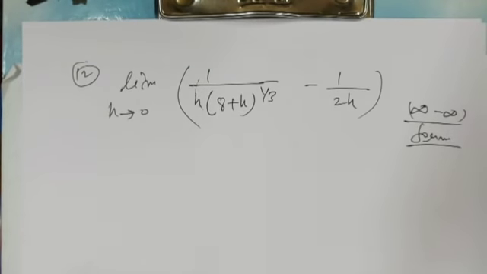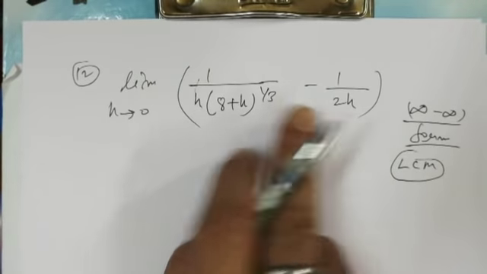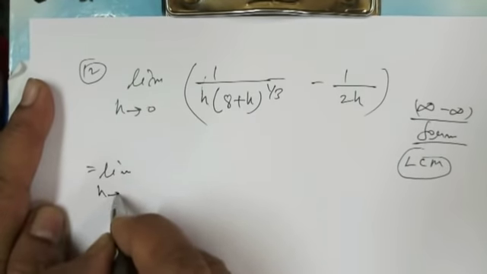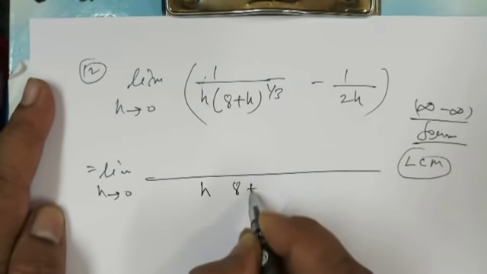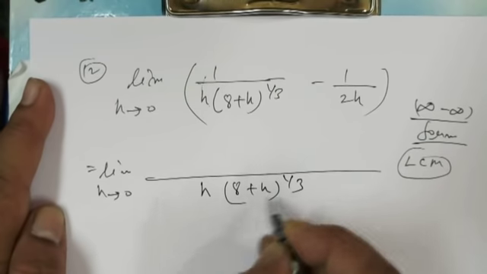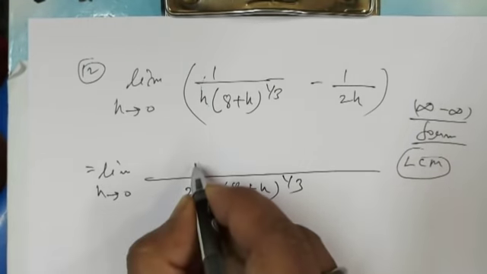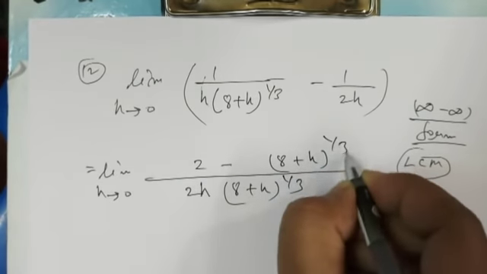So when infinity minus infinity form, then use LCM of the denominator. This is the procedure. So h and 8 plus h whole power 1/3, this is the LCM, and this will be 2 minus 8 plus h whole power 1/3.